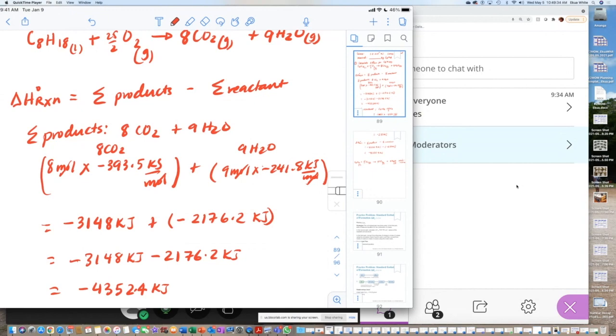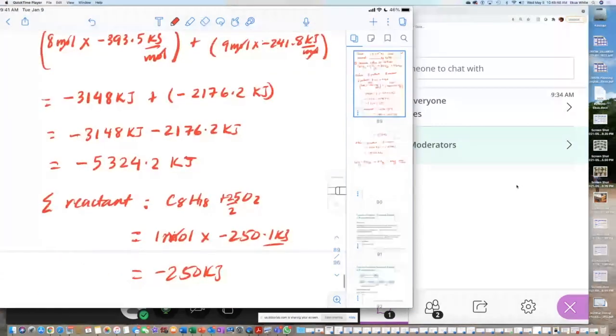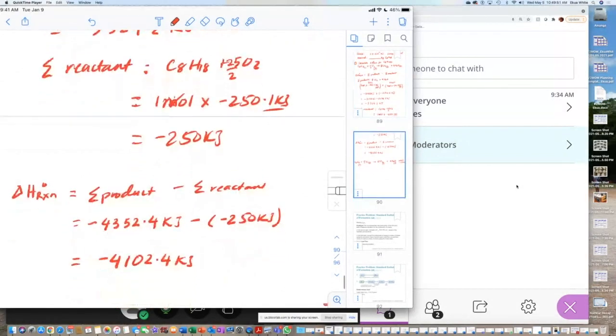Oh, how did I get that? Okay, I just transcribed this wrong. It's supposed to be negative 5324.2 kilojoules. I just wrote it wrong. And then we end up, this is correct, and then this is supposed to be 5. So that's the only part that's off right there. 5, and this is supposed to be 5 then.